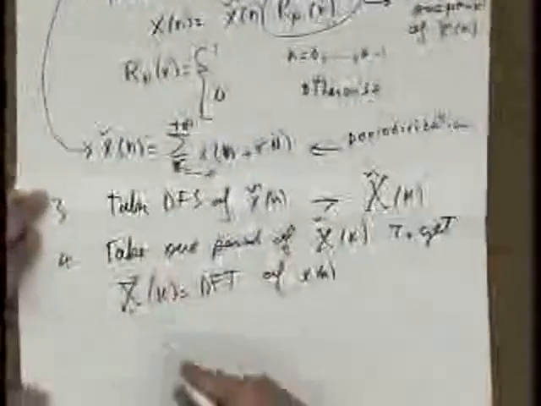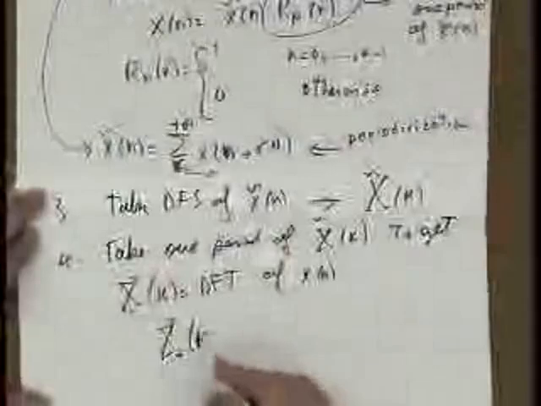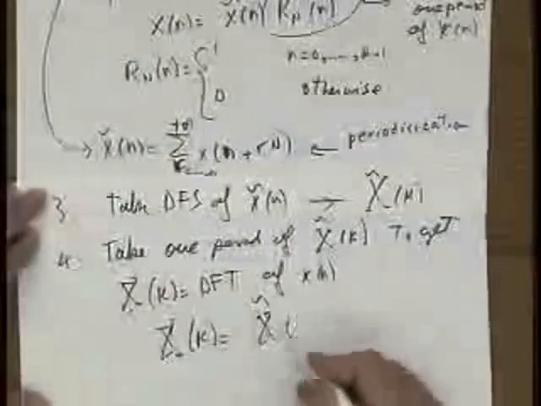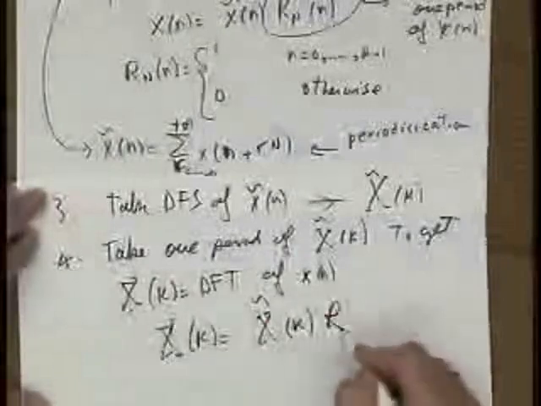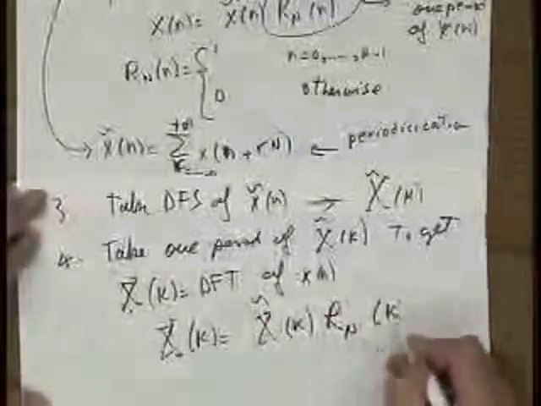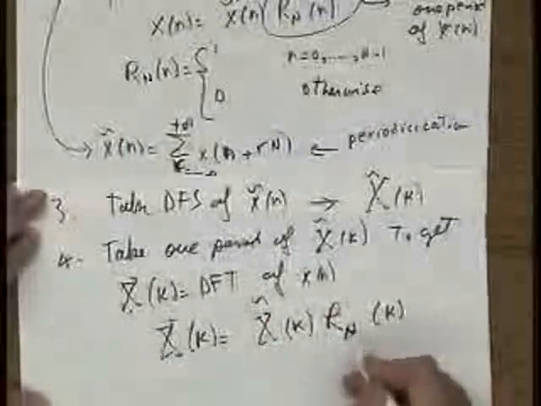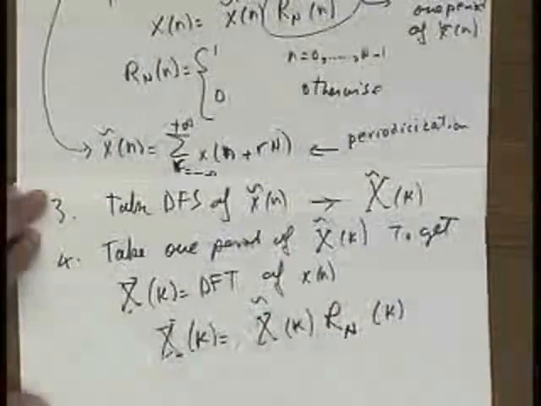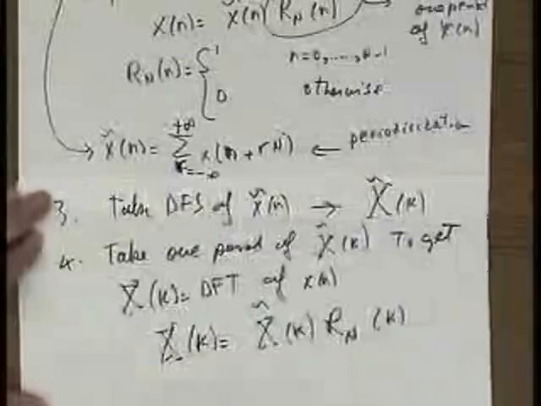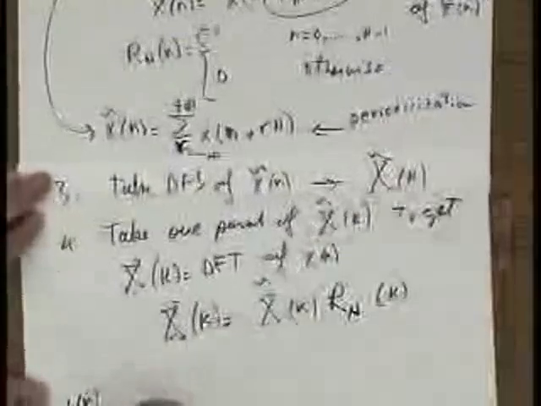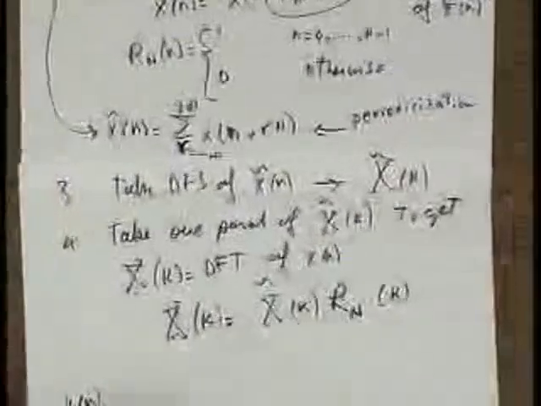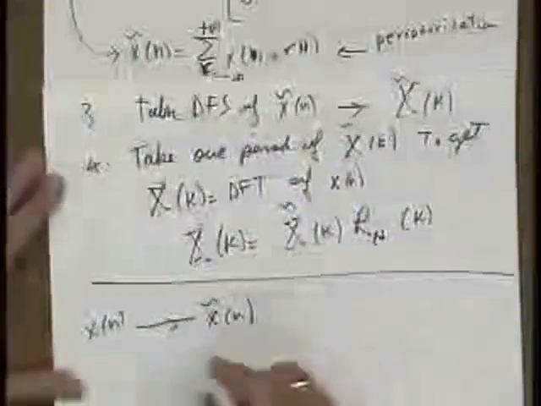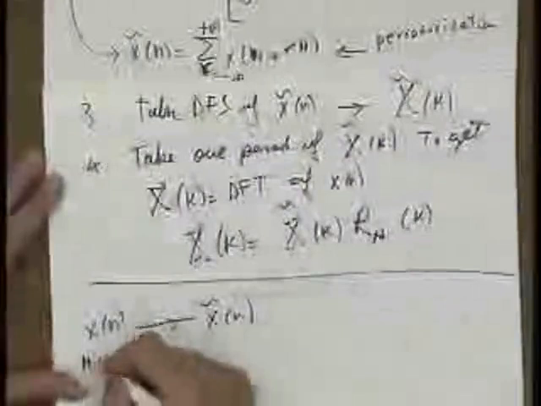So in other words, X of k, how do I make it to be one period of that? Well, it's x tilde of k times the one period function, again r sub N of k. Because this is N, that means take the first N points of it and throw away everything else, and boom, that's the DFT. So start with x of n to summarize everything. Make it periodic to x tilde of n. So this is an N-point sequence.